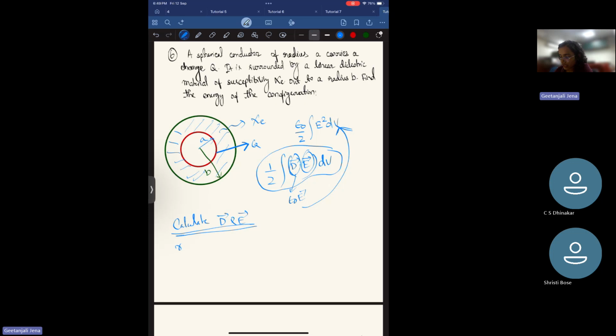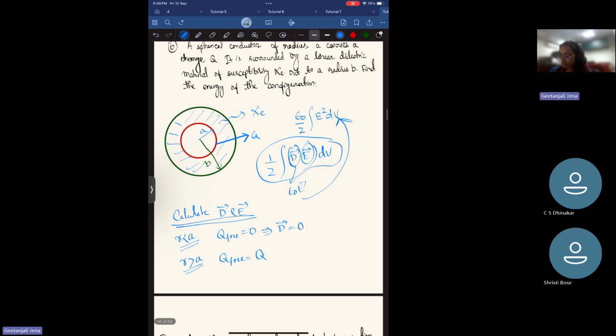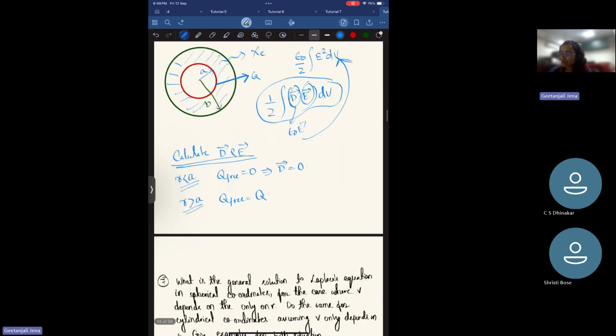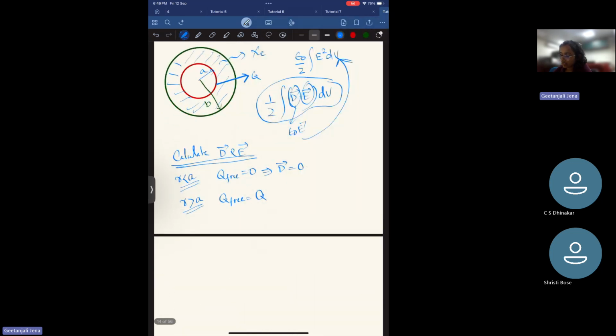For D, all you need is Q free charge. So whenever considering r is less than A, there is no free charge because it's a metal, it's a conductor. So Q free is 0, that means D is 0. And when you consider r is greater than A, Q free is Q. For all the region outside, r greater than A, total free charge is Q. So that is why the displacement vector will be the same in all the region.